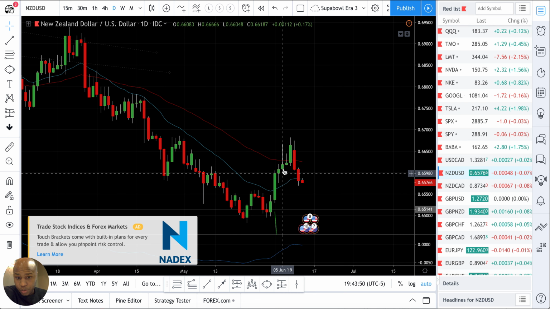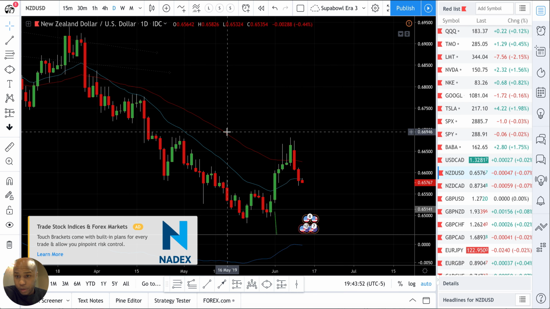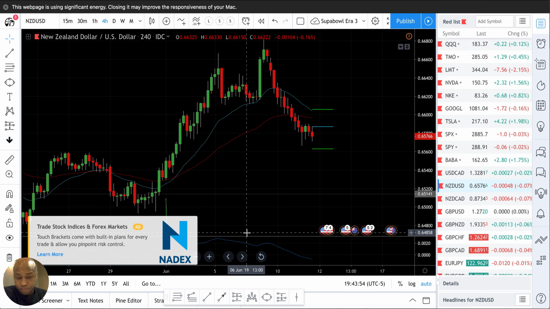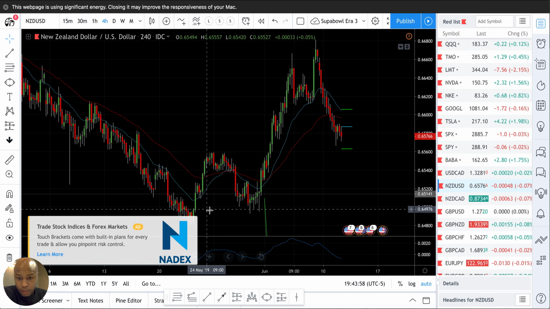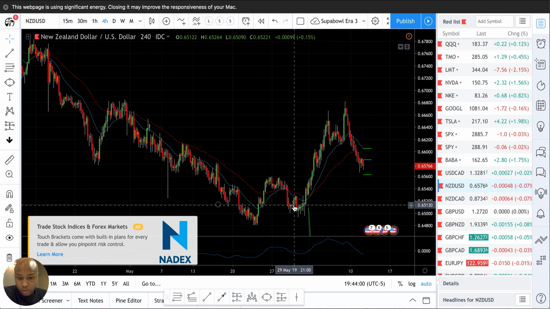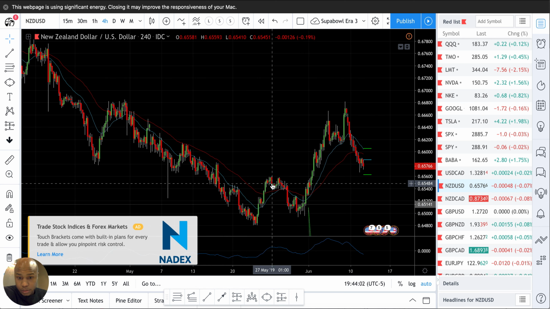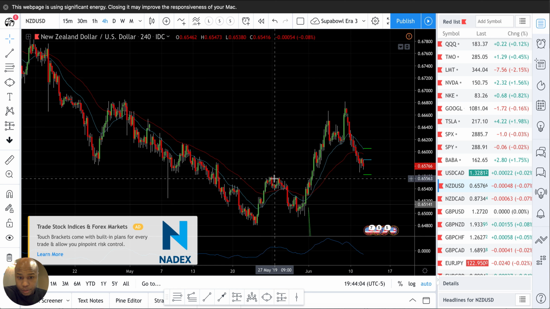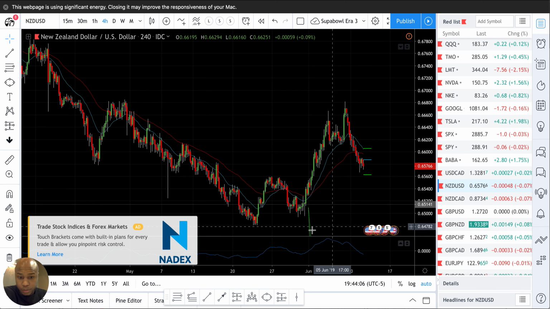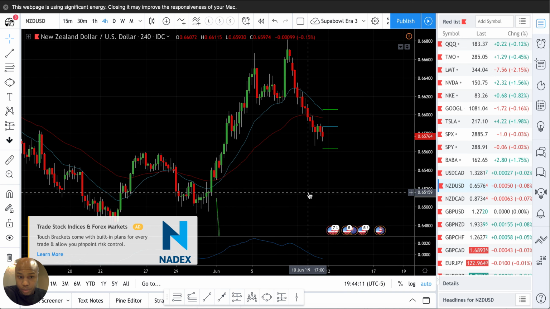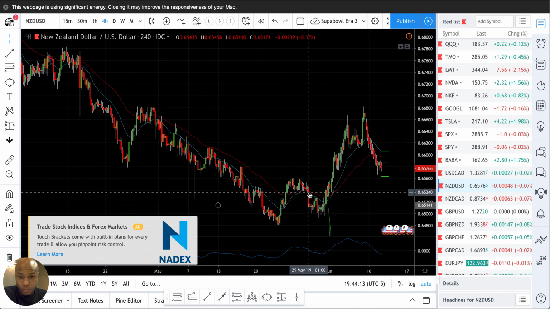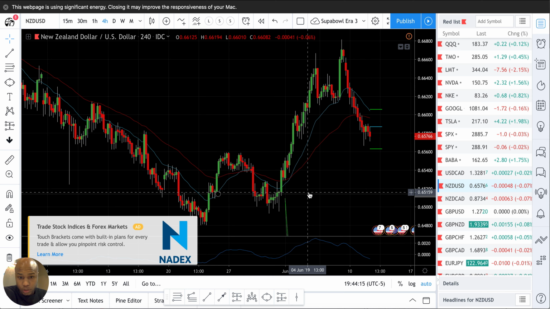Okay, so maybe there was a play for me to trade this chunk right here and make money. 4-hour chart. Higher lows, higher highs. Right here, higher high, higher low, and we're in there. There was a play here at some point.